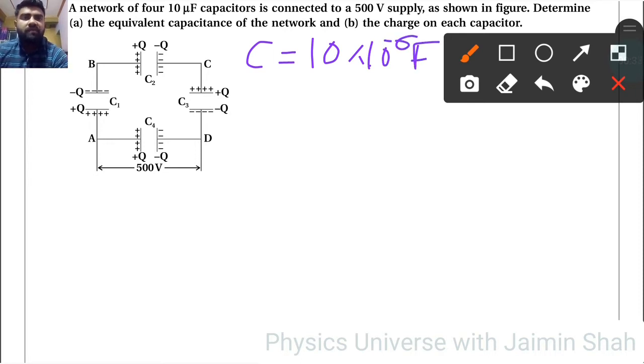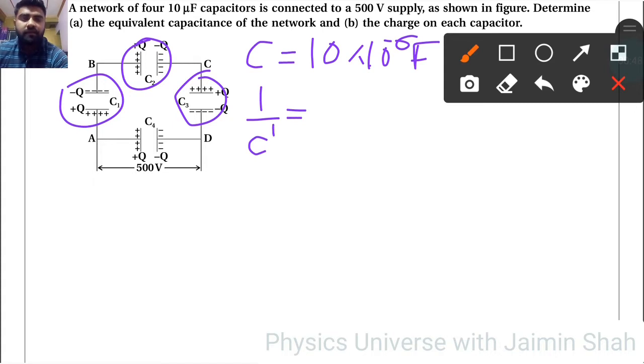Now, the equivalent capacitance of the network. These three are in series. If they are in series, we have to find their equivalent by reciprocating. So 1 upon C dash is equal to 1 upon C1 plus 1 upon C2 plus 1 upon C3.